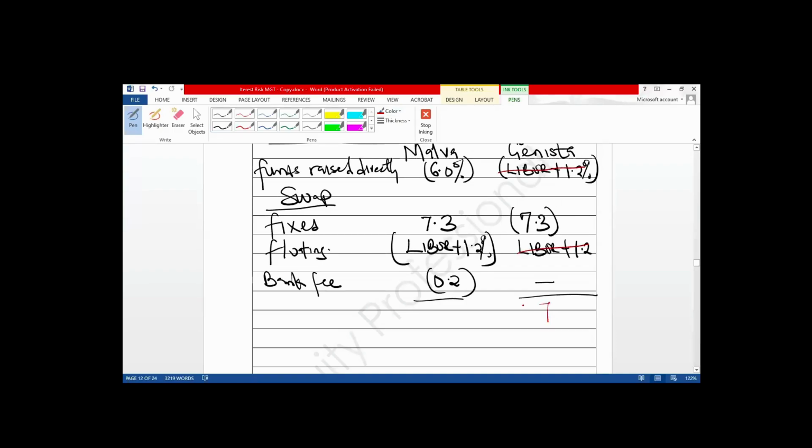You are left with 7.3. If you calculate this, you are going to have LIBOR plus 0.1.